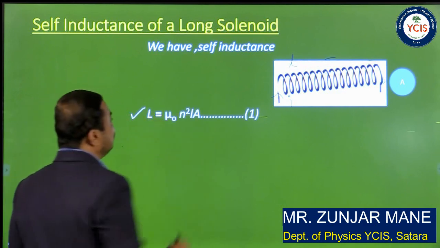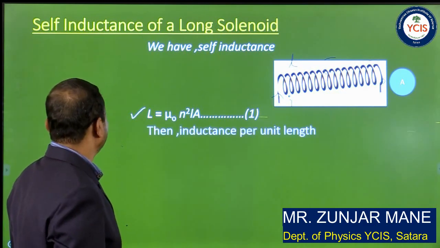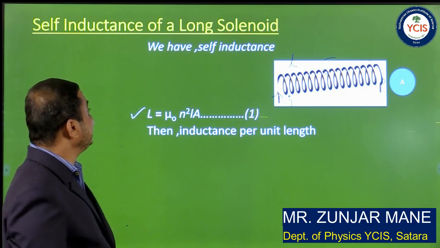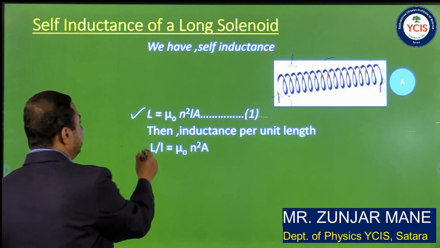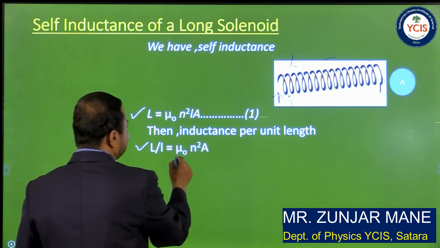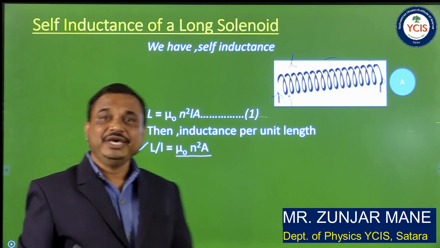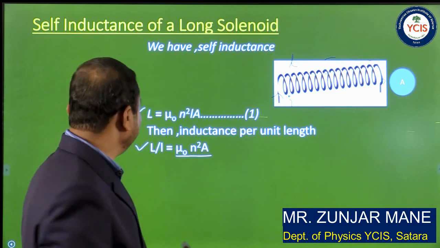L is equal to mu 0 n square l A. Then self inductance per unit length: divide this equation on both sides by l, then l cancels. So self inductance per unit length is equal to mu 0 n square into A.